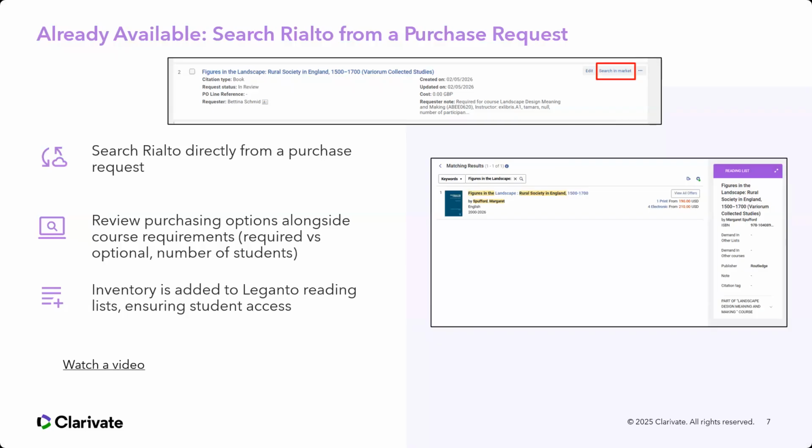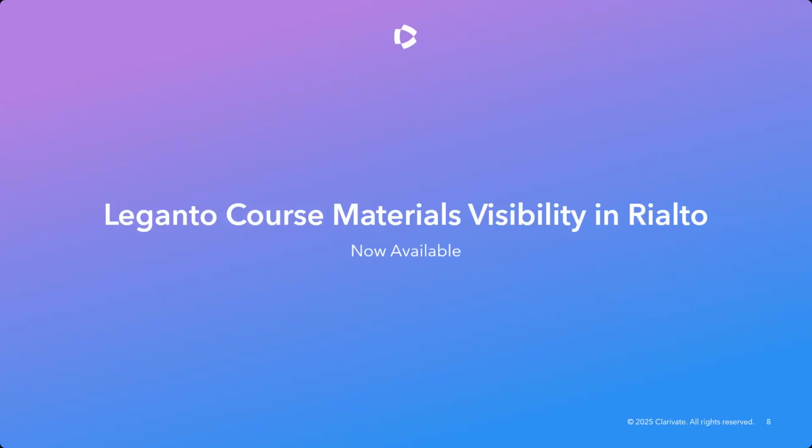But what we want to spend the most of our time on today is the new stuff. So the first thing that we're going to talk about is the new data that you'll see in Rialto about materials that are being used in courses. This is available to everybody now as of the January release. So if you log into Rialto, you'll stumble upon this information.